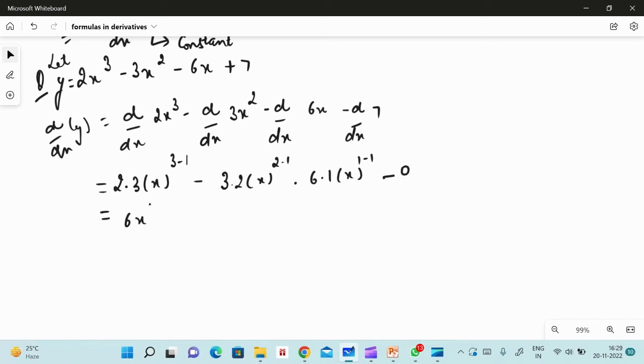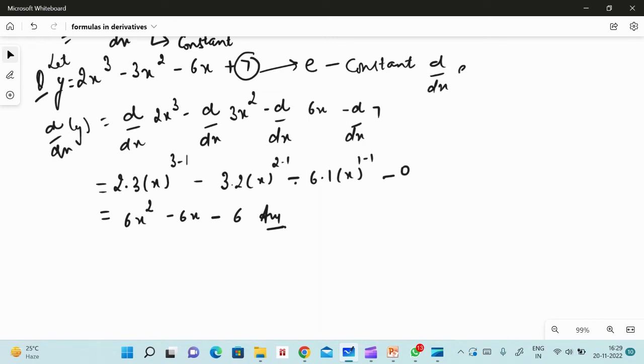So I will get 6x square minus 6x, and here we have minus, so minus 6, right? So this is my solution. Okay, so instead of 7, if something else is given to me, like if e is given, again it is a constant one. So in that case, the derivative of e is also 0.